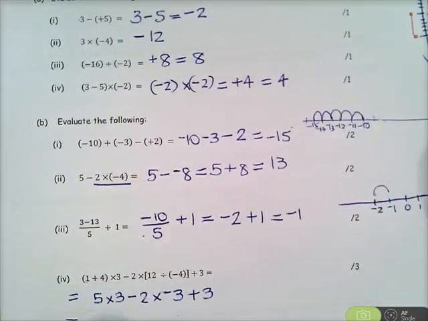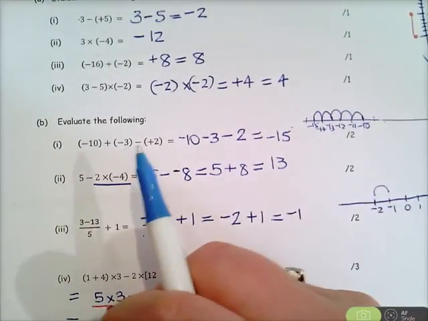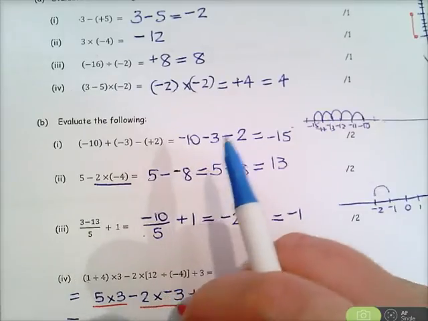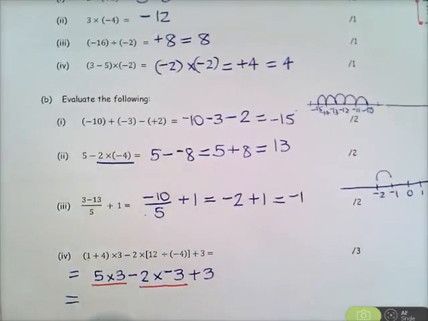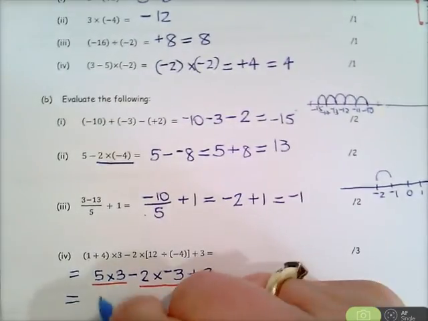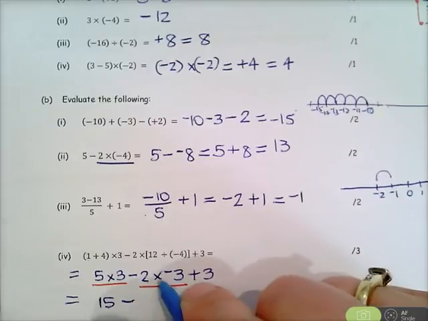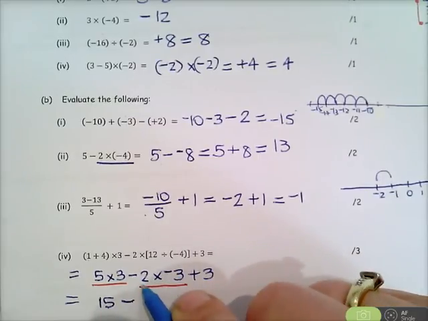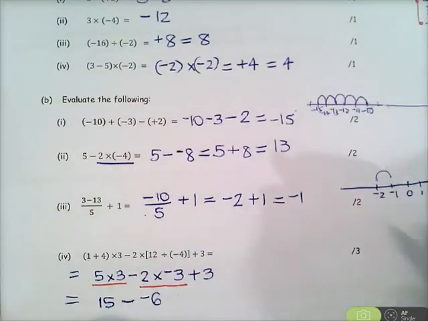Now on the next line, remember we have to do any multiplication and division before addition and subtraction. So I'm underlining the bits in red that need to be done first. So 5 times 3 is 15. Take away 2 times negative 3 is a positive times a negative, which is a negative. So I get negative 6.